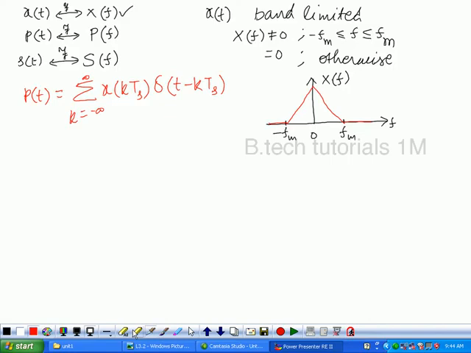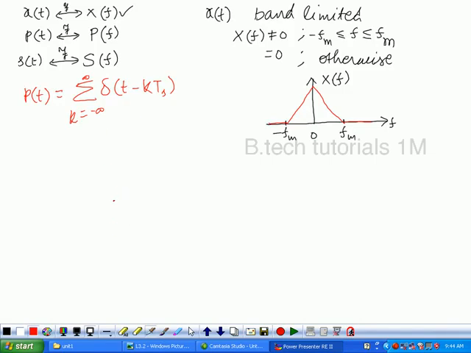Sorry, only this is not. This is delta of t minus k Ts, that is the p of t. It is the impulse train, or periodic impulse train. Now find the Fourier transform of this.